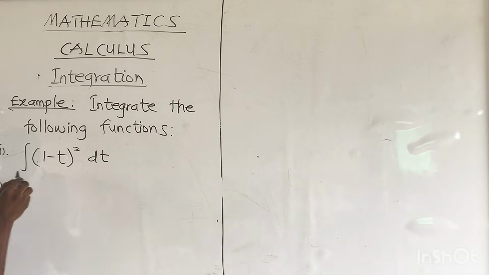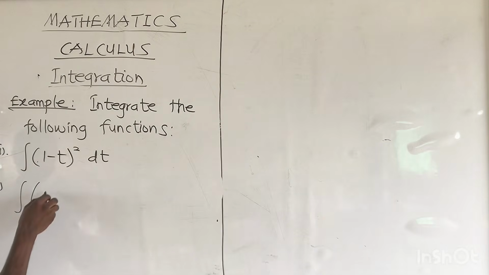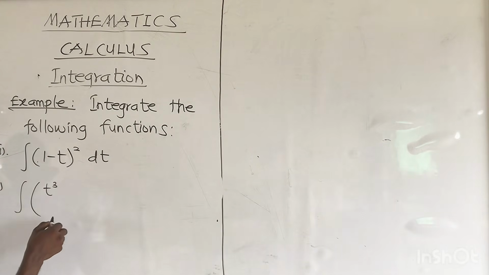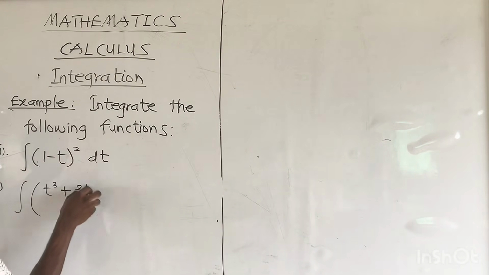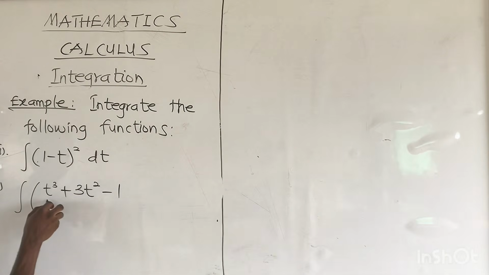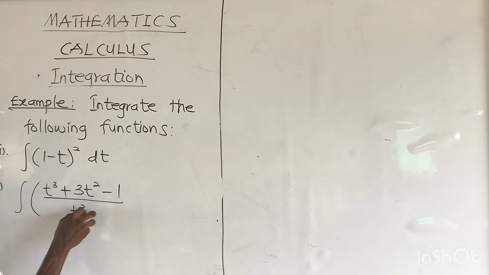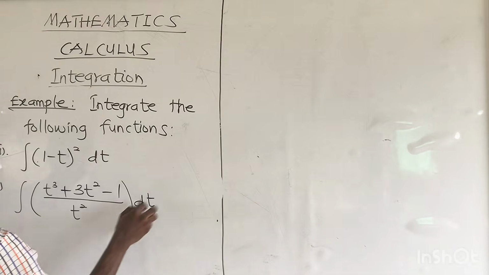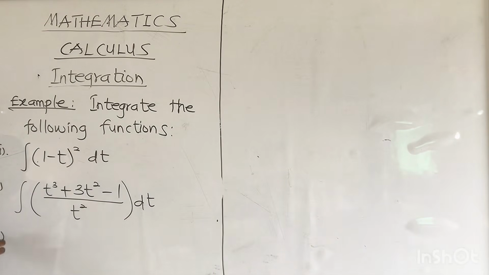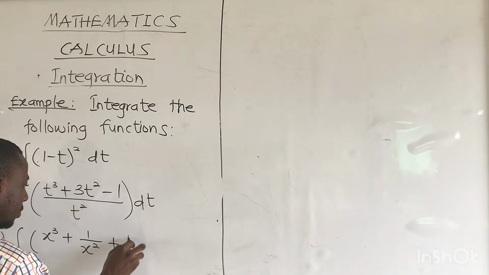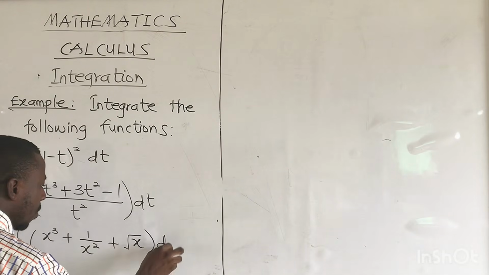II, we have the integral with a big bracket t cube plus 3t squared minus 1 all over t squared dt. III, we have x cubed plus 1 over x squared plus root x dx.